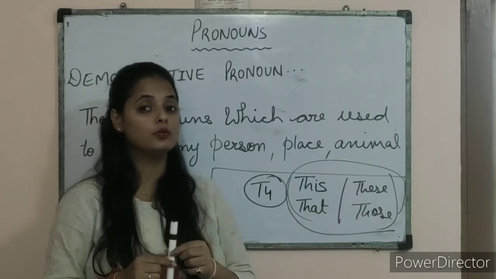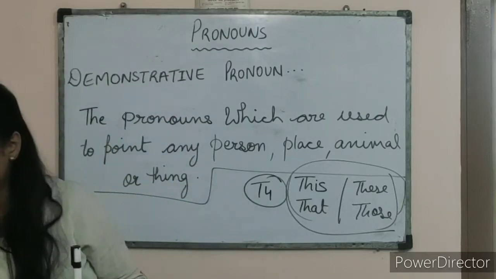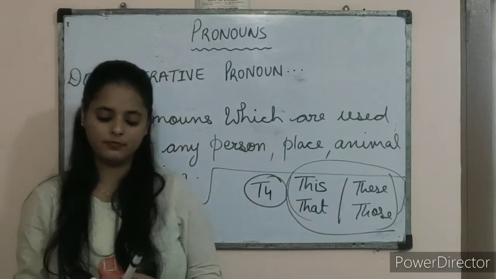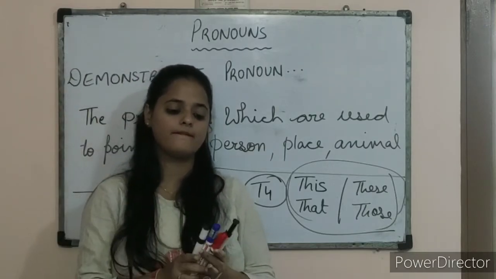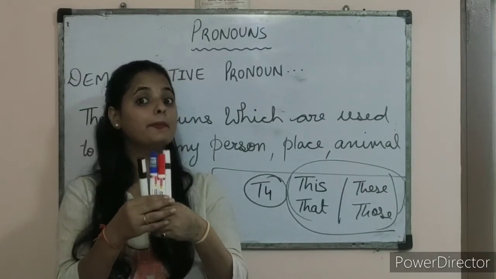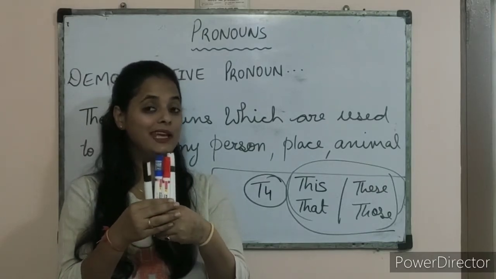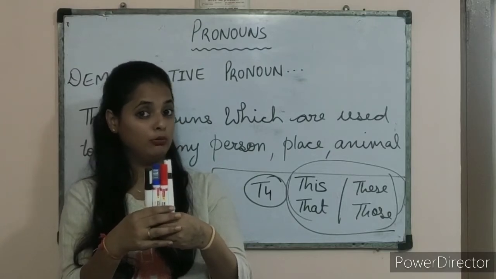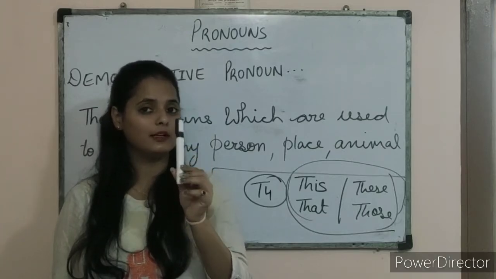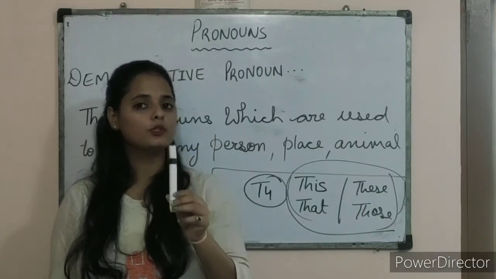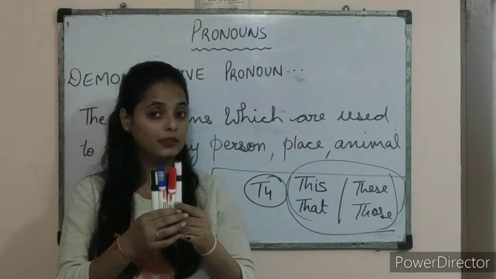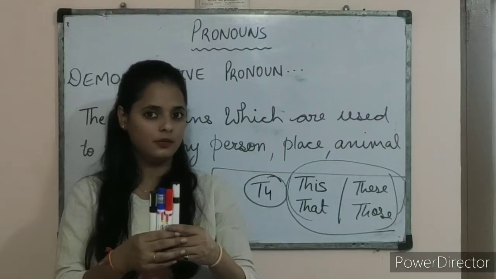If you use the word these, then it has to become like this: these are the markers. Got it? Now these are the markers will come in the plural form, right? But if you are just denoting a single thing, a singular thing, you will use the word this. But if you are denoting plural markers, plural things, you will use the word these, right?